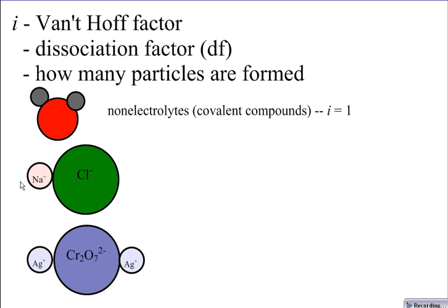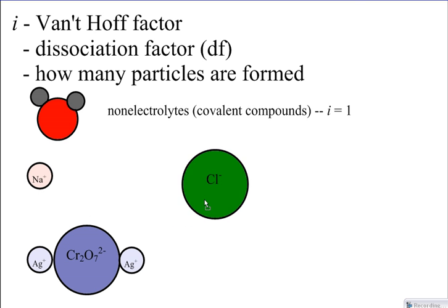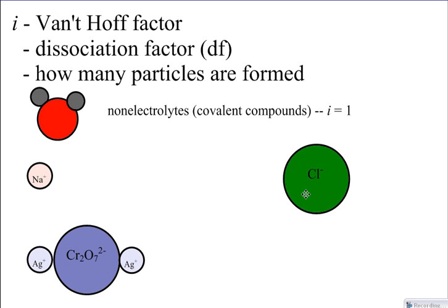If you have an ionic compound like sodium chloride here, when it's dissolved in solution, the chlorine is going to be attracted to the positive end of water with the hydrogens. The oxygens are going to be attracted to the sodium, and they're going to surround it and split up the ionic compound.